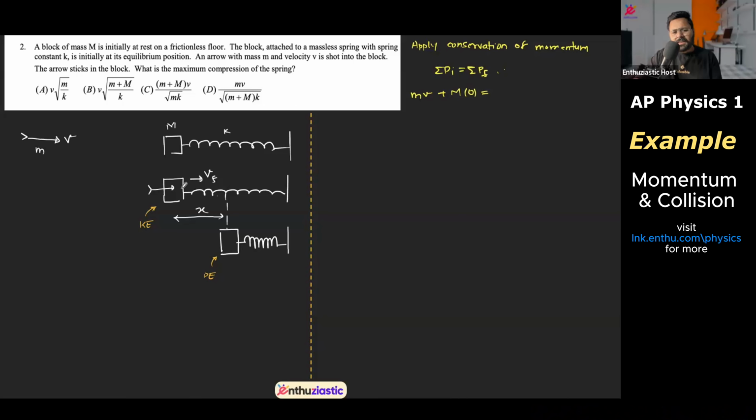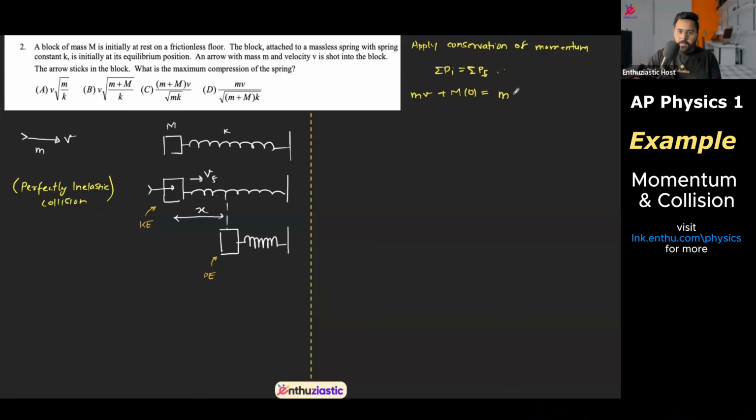What is final? They are sticking to each other, like they are getting fixed into one another. That's a case of a perfectly inelastic collision. You should be able to identify these kinds of things.